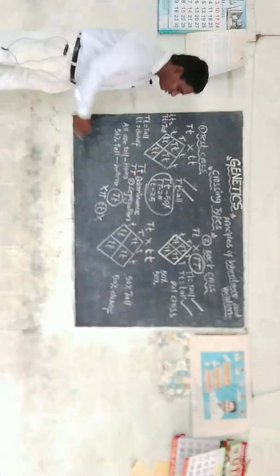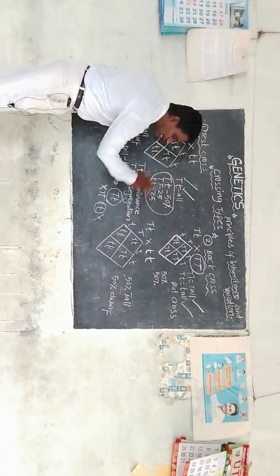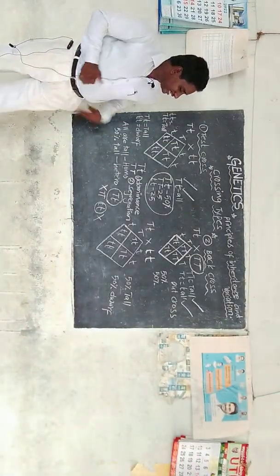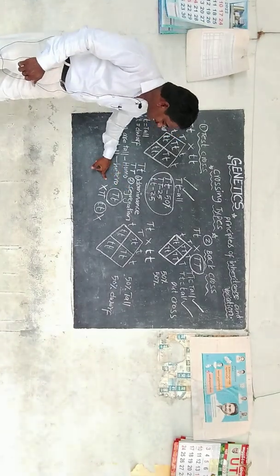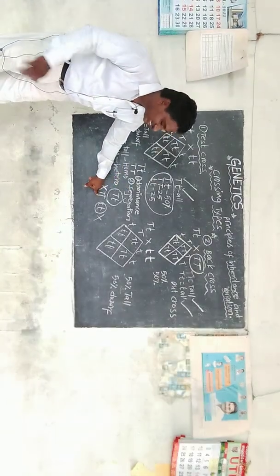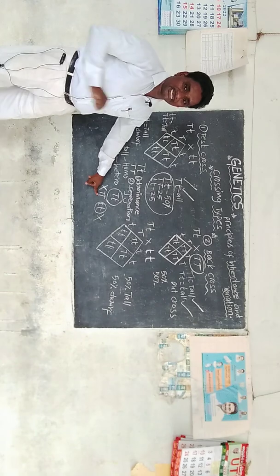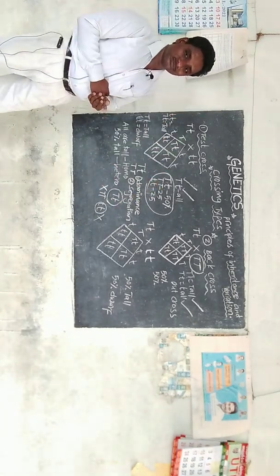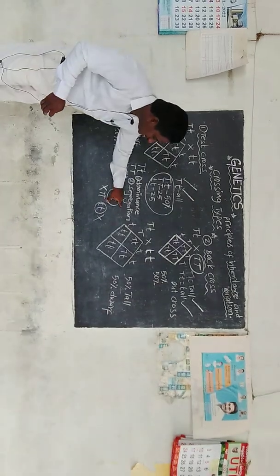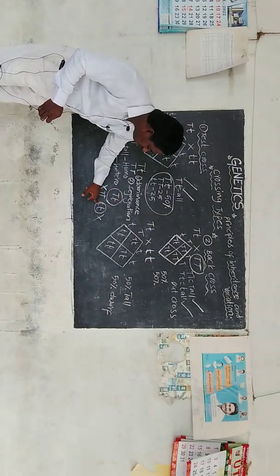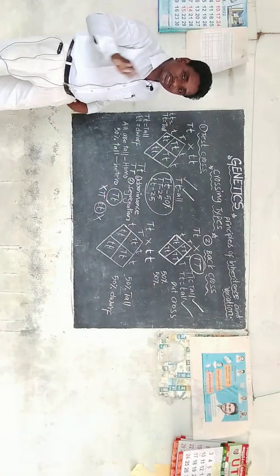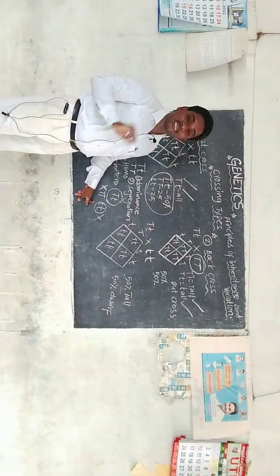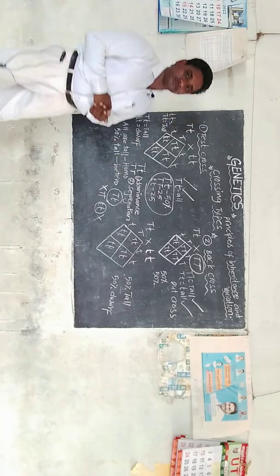Second one, law of segregation according to Mendel. Mendel said that even though one of the parental characters, capital T, is not expressed in the first generation, it is expressed in the second generation. Even though the recessive trait small t is not expressed in the first generation, it is expressed in the second generation, that means after self-fertilization.